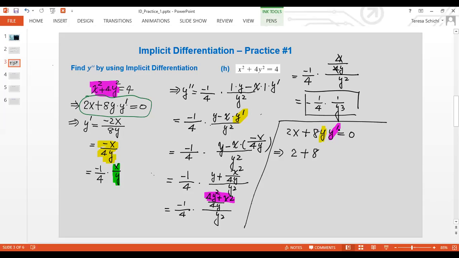So you hold the second one, take the derivative of the first, the derivative of y is 1, but don't forget you have y prime. Then you hold the second one, still y prime. Then plus you hold the first one, still y, and you take the derivative of the second one. The derivative of y prime is y double prime, equal to 0.